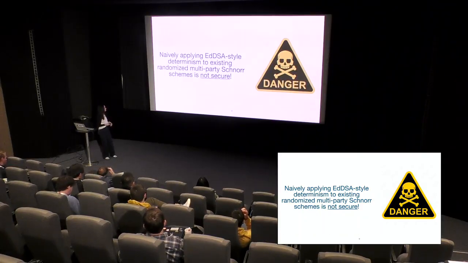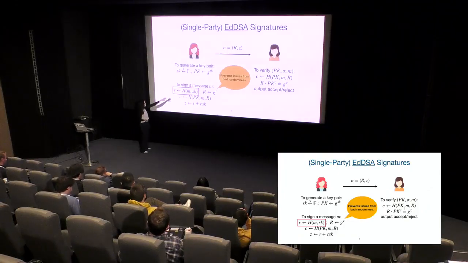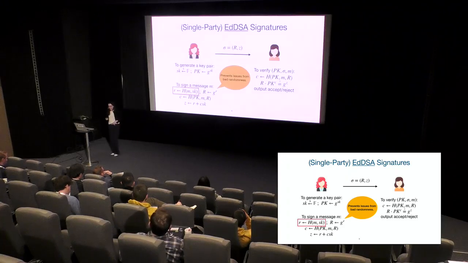If all the honest parties derive their nonces in this way but the dishonest party just samples their nonce at random, they would be able to change the group commitment big R, which would change the challenge, but all of the honest parties' nonces would remain the same. Okay? So it basically comes down to a very trivial nonce reuse attack.